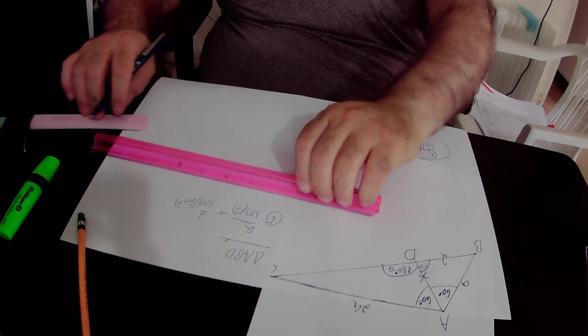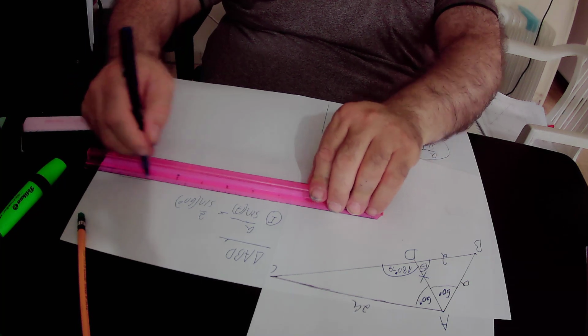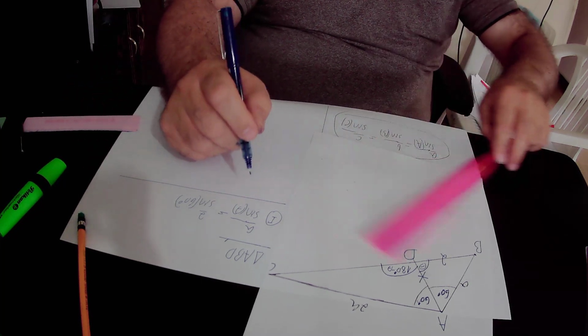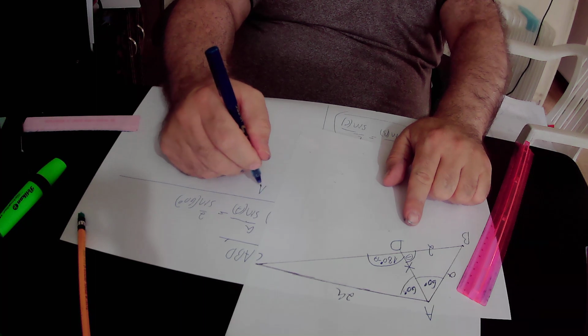Okay, then we'll focus on triangle ADC and we'll implement the law of sines in this triangle ADC.